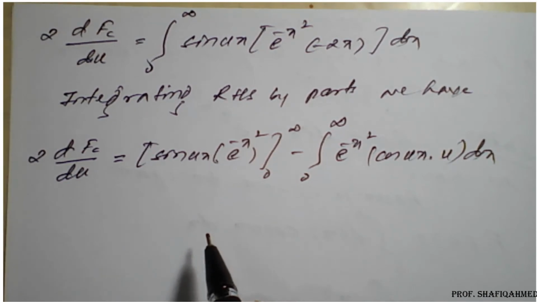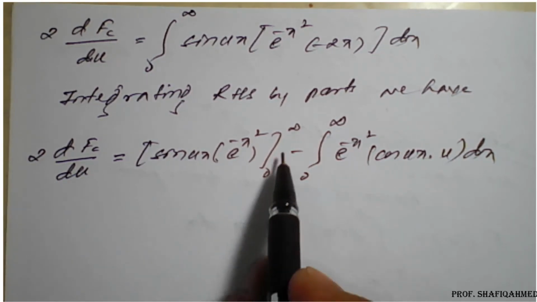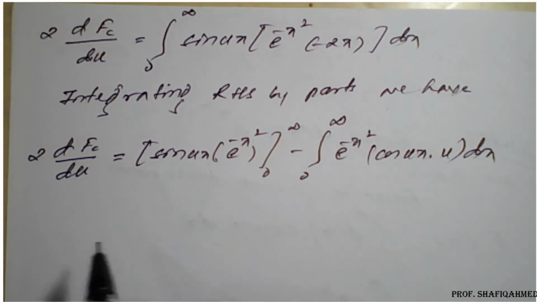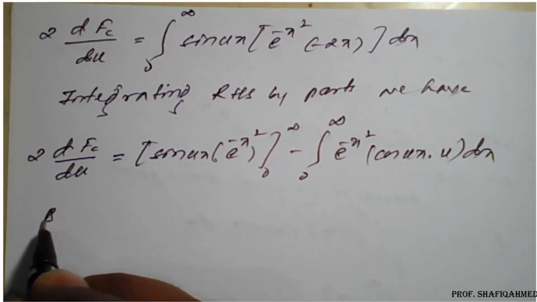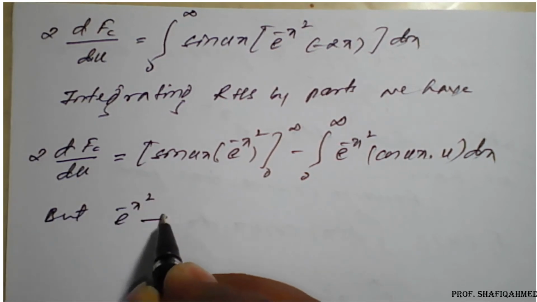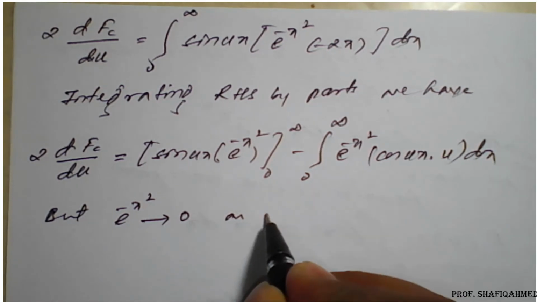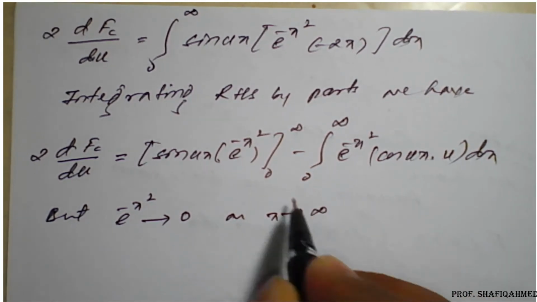So which is nothing but, here what happens if you apply the upper and lower limits for this function? e raised to minus x square tends to 0 if you apply x equal to infinity.